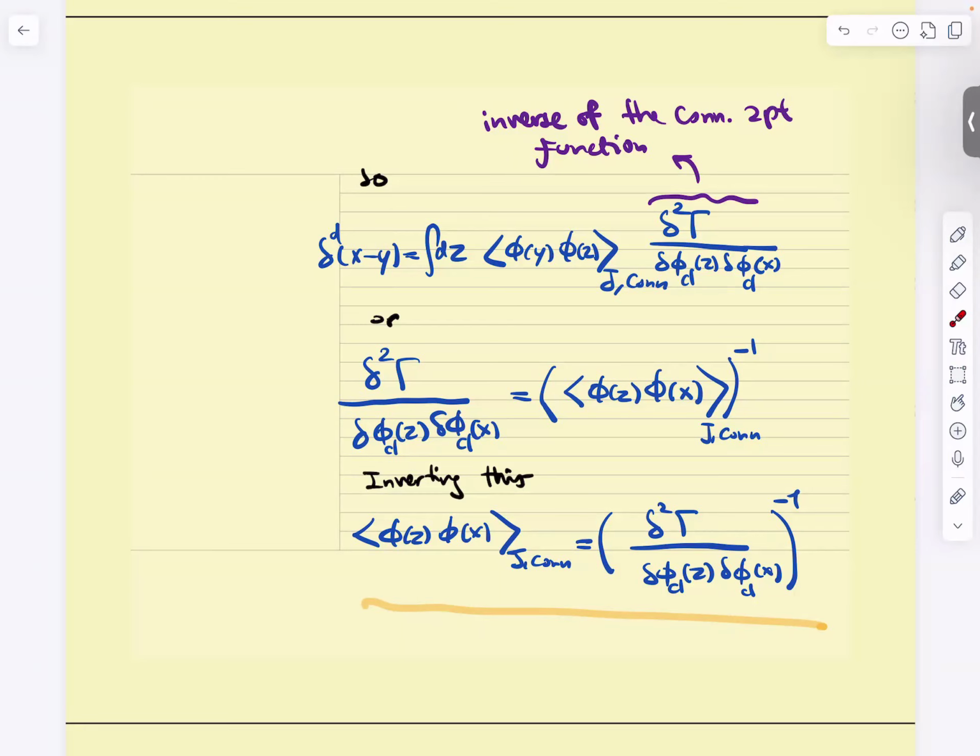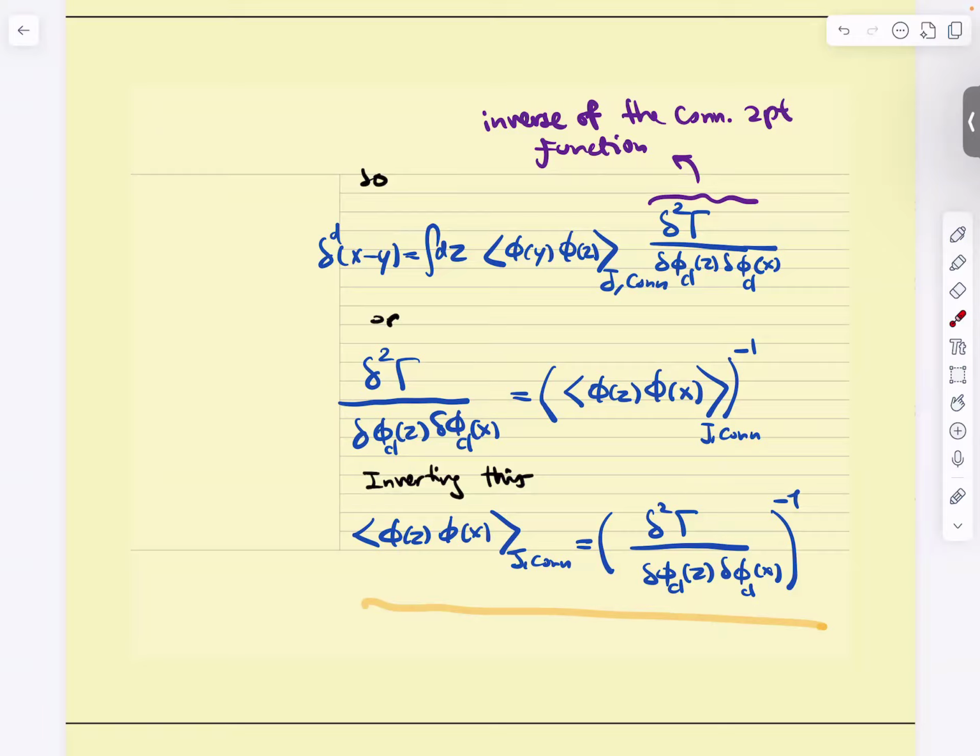What was 1 over the 2-point function? So what was the 2-point function in momentum space? Free theory. No, it's not fermions, there's no slash. We're talking scalar.